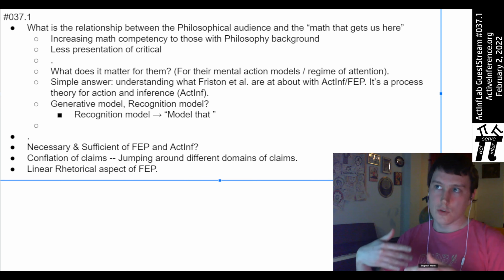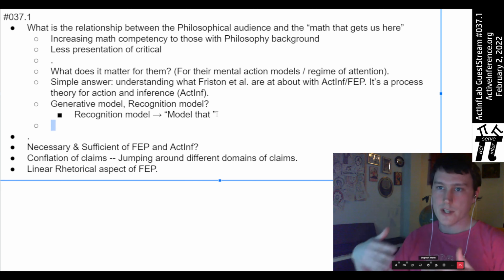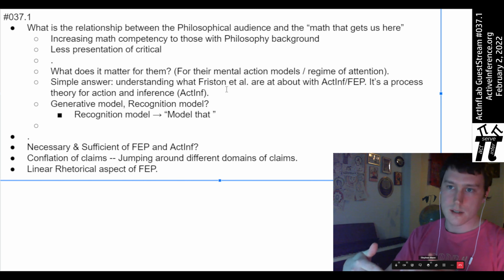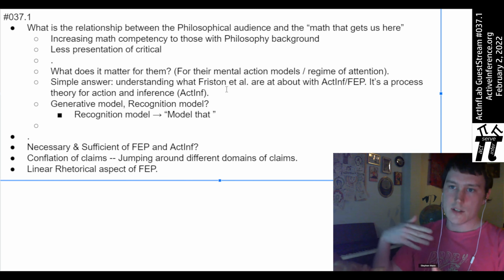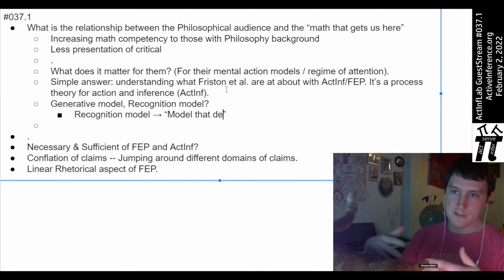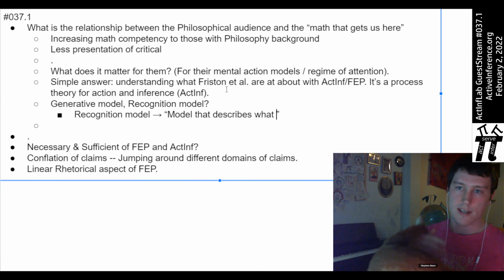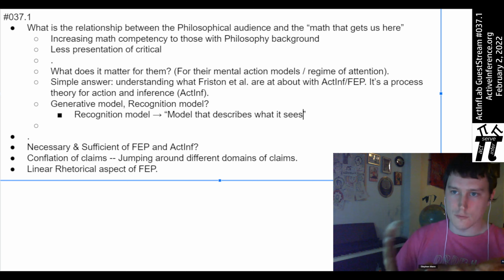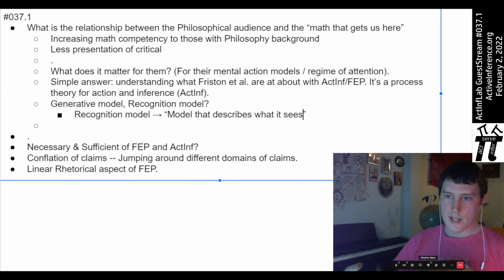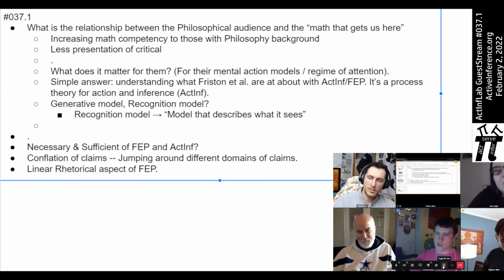It doesn't need to simulate or generate its own data and then compare that to what it sees. That would be the generative way. Instead, it just applies some kind of mathematical statistical function to the data and then gets a result which describes what it hasn't observed. Is that what you meant by a recognition model?